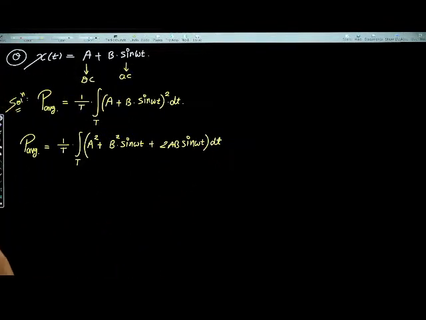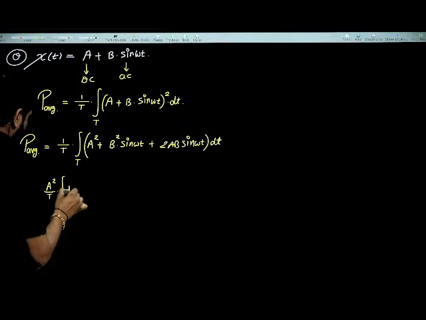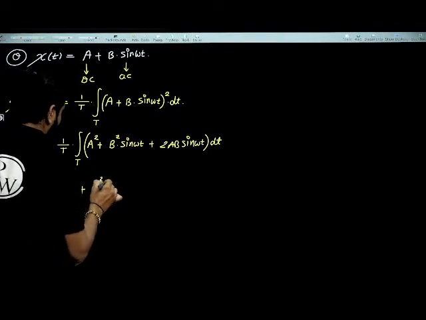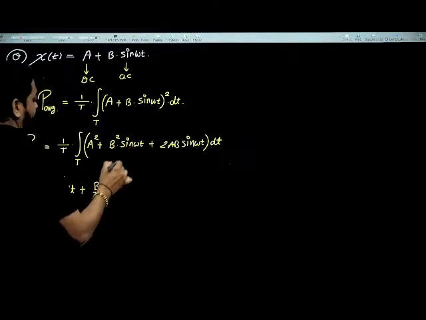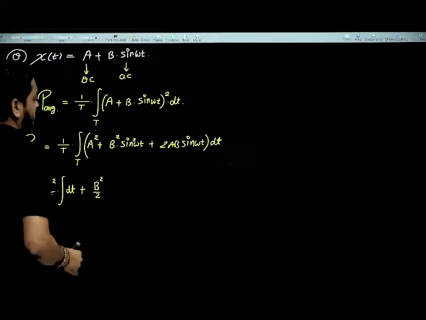Now here average power is A square by T integration of dt plus B square by 2, because sin square theta equals 1 minus cos 2 theta divided by 2.